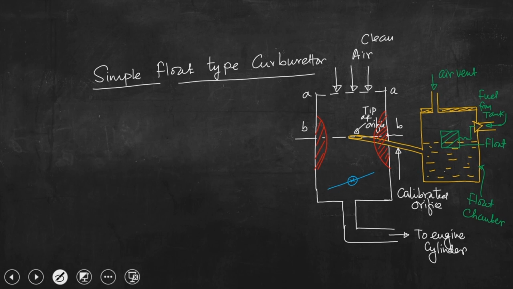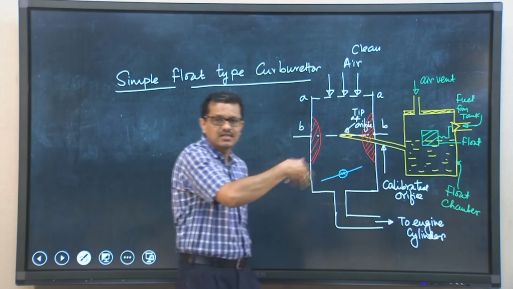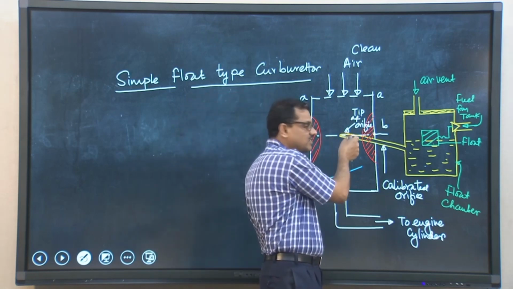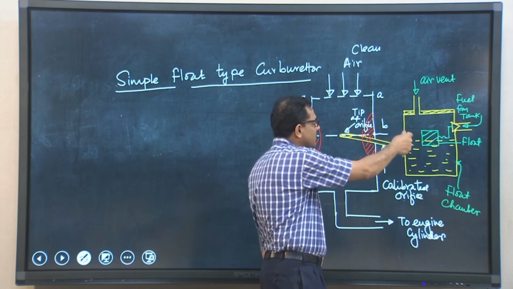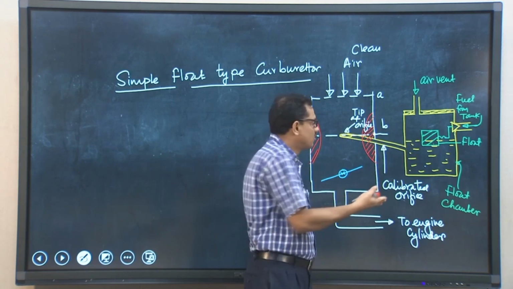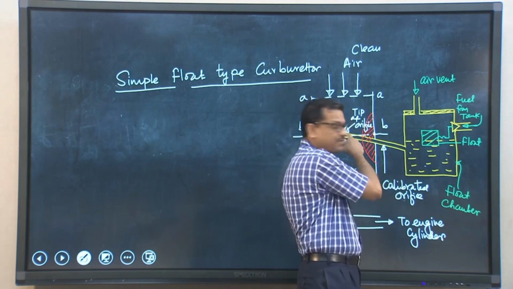The venturi is essentially reducing the flow area. So, when the air approaches this venturi, velocity will increase, that is, the flow will accelerate. At the cost of this accelerated flow, pressure will drop, and the drop in pressure should be such that the pressure difference between the float chamber and the tip of the orifice is the driving force for the flow of fuel from the float chamber up to this point.